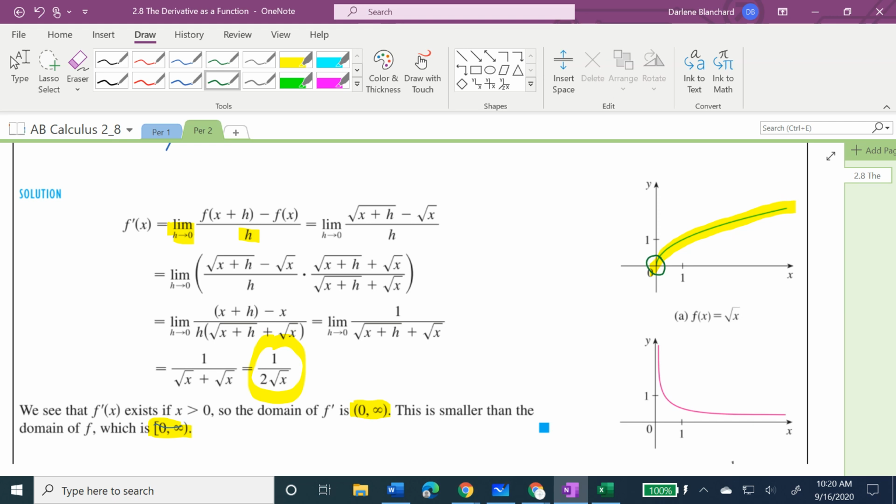It is infinity. So you notice that that affected the domain of f prime. 0 is no longer in the domain because the square root of x is actually not differentiable at x equals 0. I'm going to put a pretty little asymptote there for emphasis. And this leads us to the question, how can a function be not differentiable at a point?